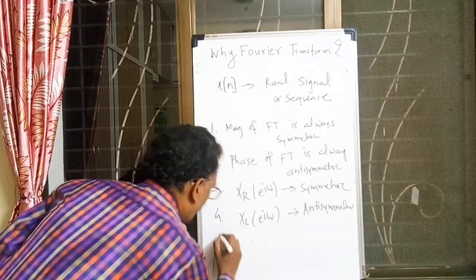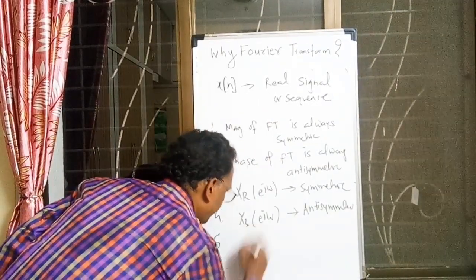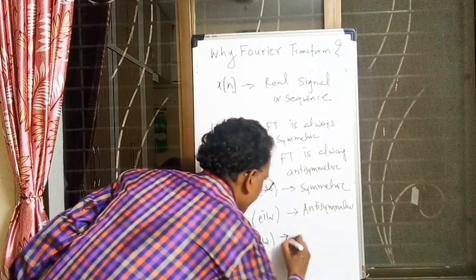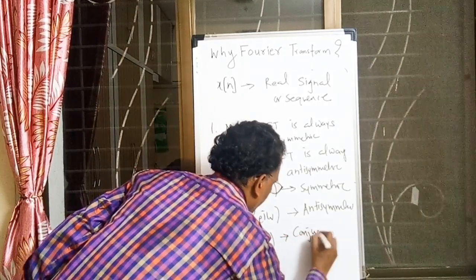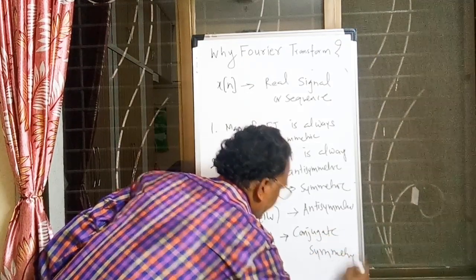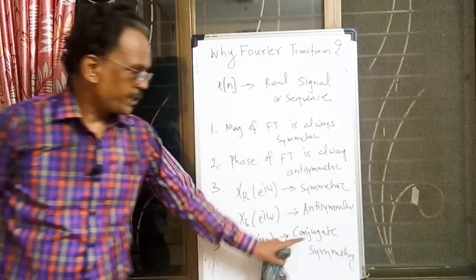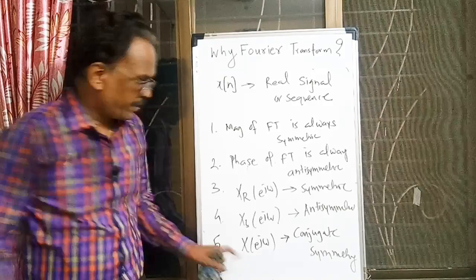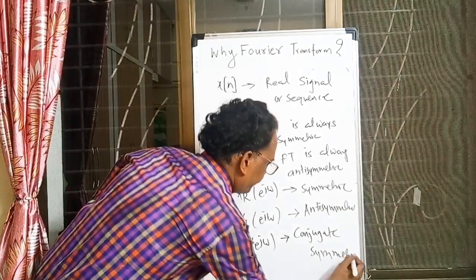And if you talk about the Fourier transform in total, x of e to the power j omega is conjugate symmetric. I will explain this in the next class: what is conjugate symmetric? So x of e to the power j omega is conjugate symmetric.